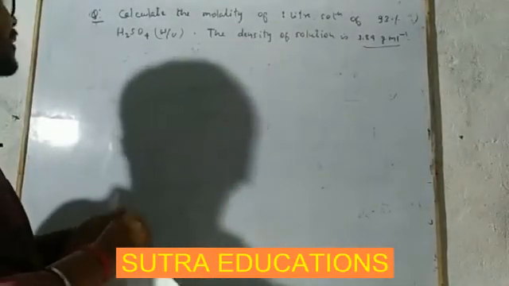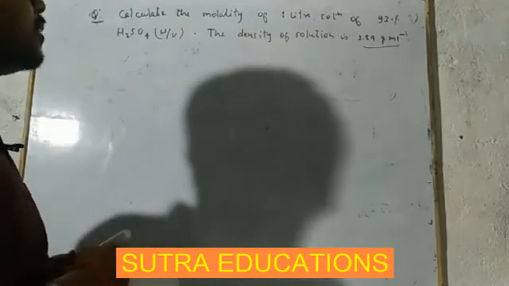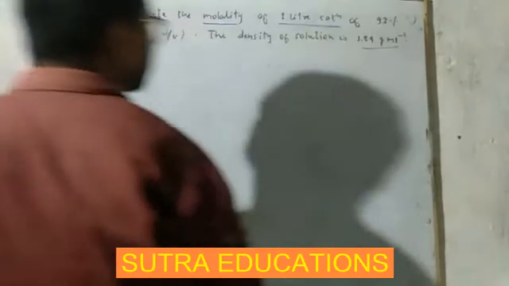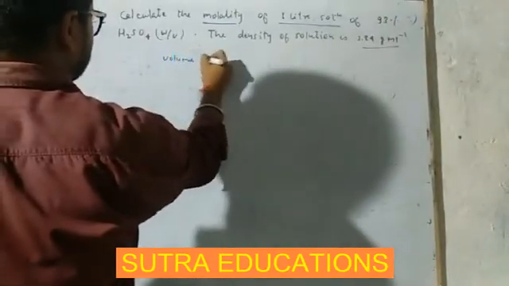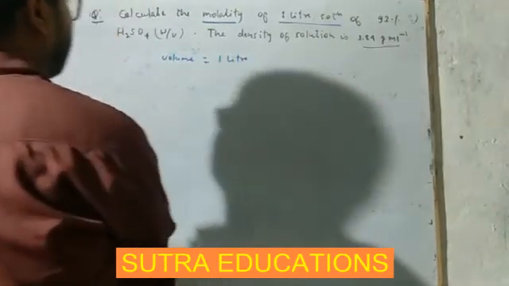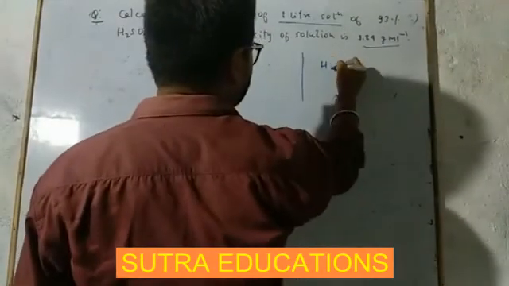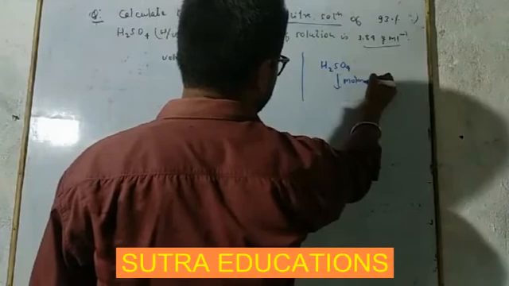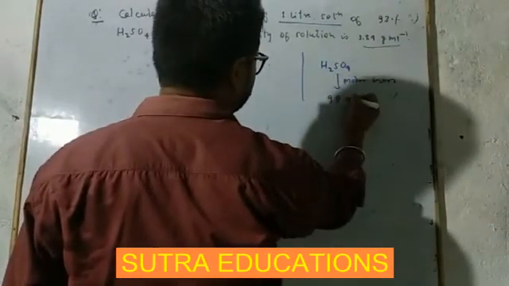So calculate the molality. This time we have to calculate the molality of 1 liter solution. We have given volume equal to 1 liter of 93% H2SO4. So its molar mass is 98 gram.